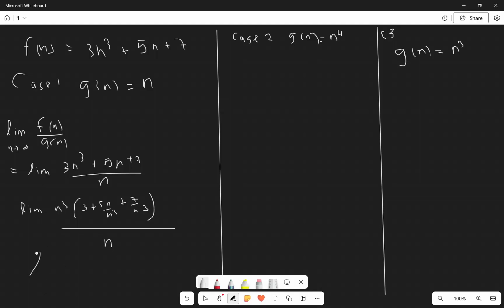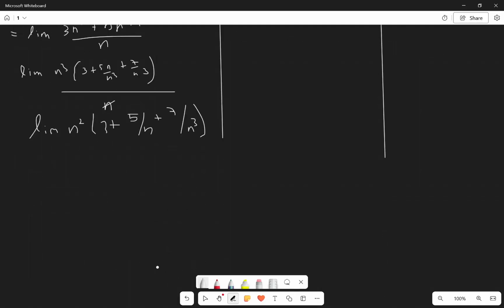So if you simplify this, these two get simplified, and you get n squared, and then inside you get 3 plus 5 divided by n plus 7 divided by n cubed. Okay, so you can simplify this expression.